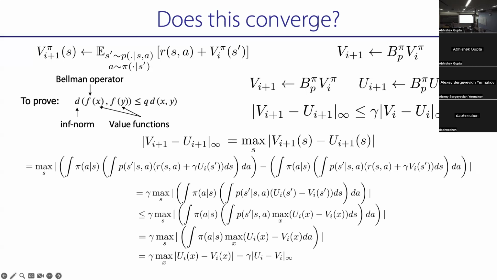I haven't worked out other norms, so I'm not going to comment, but I can try sending you something. But this definitely holds for the infinity norm. So here the contraction part is mainly because of the gamma. Basically, the Bellman update doesn't really work in the infinite horizon case without a gamma.